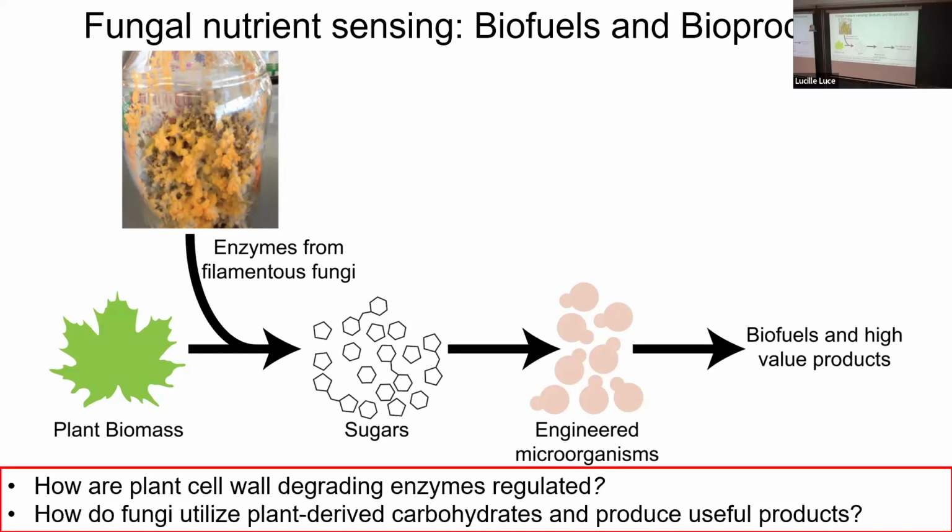And so my lab is really interested in understanding how these plant cell wall degrading enzymes are regulated from filamentous fungi, and also how fungi are regulating the utilization of plant-derived carbohydrates, and then how that is regulated as it goes through to producing the precursors that people use to produce the engineered products.